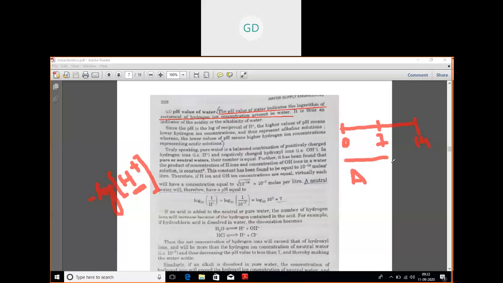When the pH value ranges from 7 to 14, the water is said to be alkaline or basic. When the water sample has a pH value of 7, it is said to be neutral. So this is the scale for finding out the pH value.